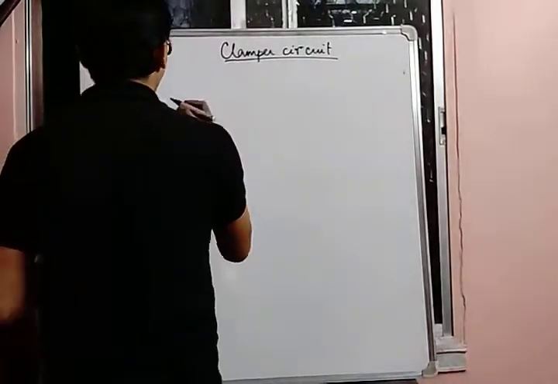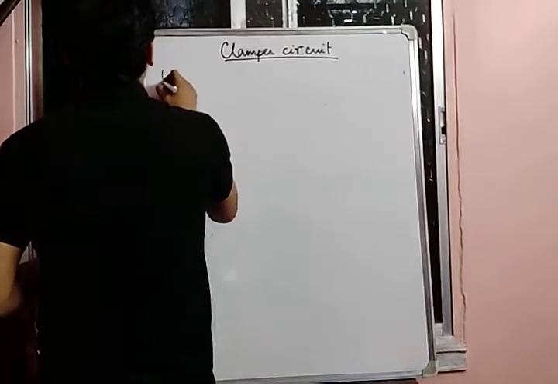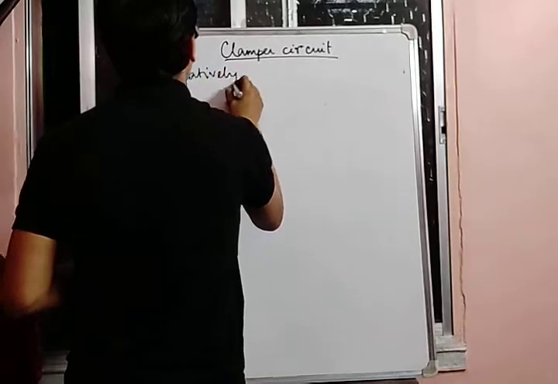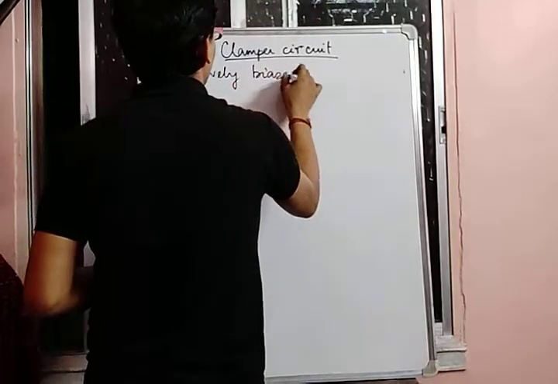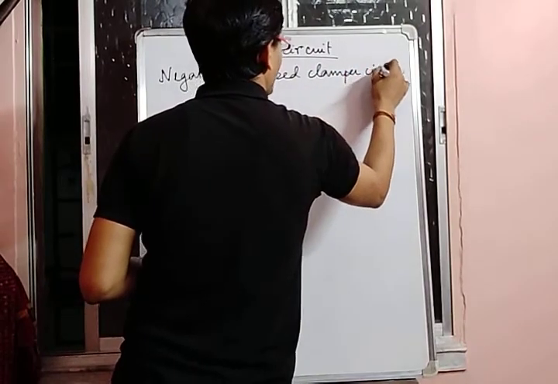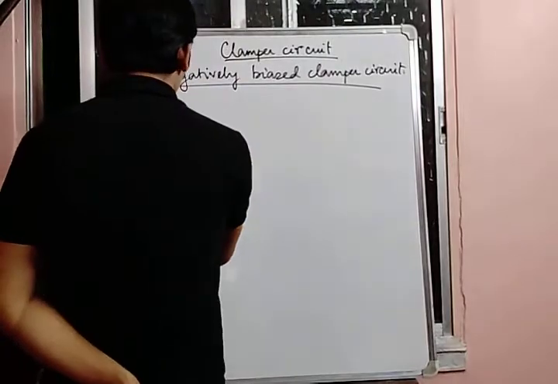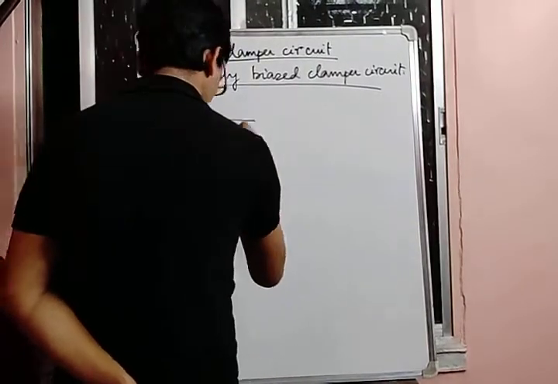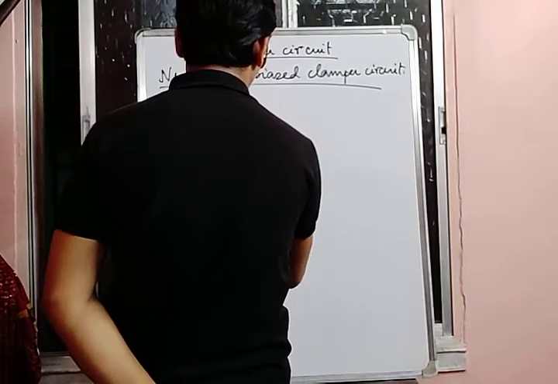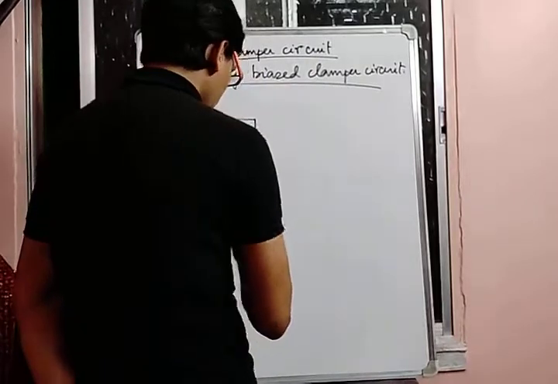So next we can have the negatively biased clamper circuit. It's similar to the positively biased clamper circuit. We just have to change the polarity, the orientation of the diode.